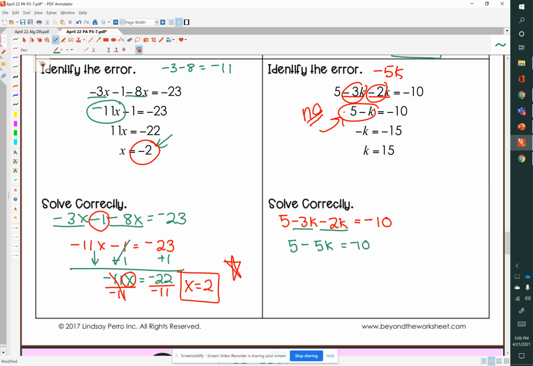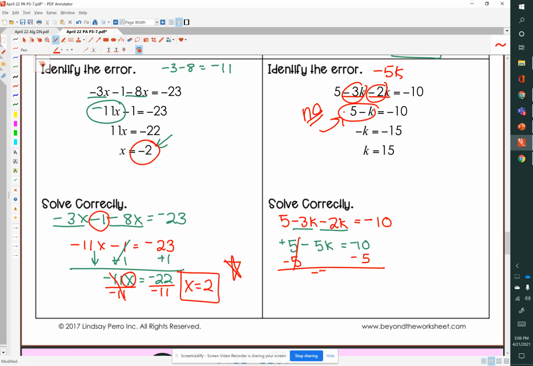Now what's happening to negative 5k? Well, 5 is being added. And remember, we have an invisible positive sign there. So positive 5 is being added, so we're going to subtract 5, and whatever we do to one side of the equation, we do to the other, and 5 minus 5 equals 0.